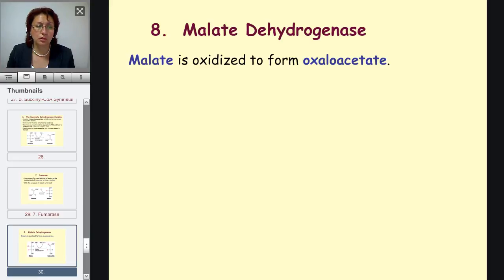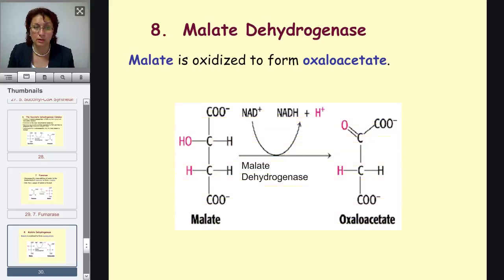The last reaction of the Krebs cycle is the oxidation of malate to oxaloacetate. In the last reaction of the cycle, NAD-linked malate dehydrogenase catalyzes the oxidation of malate to oxaloacetate.